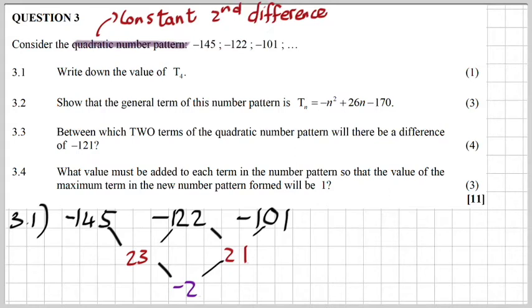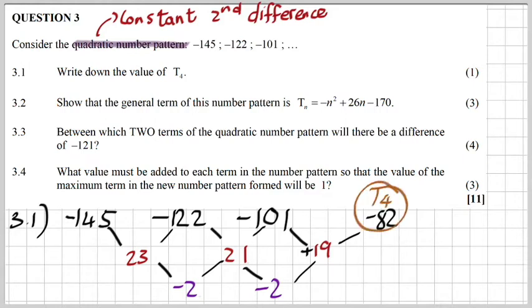So from 23 to 21, I subtract 2. Again, from 21 to get to the next difference, I must also subtract 2, and that's where the 19 comes from. Which means I take the negative 101, add 19, and that is my fourth term, negative 82.